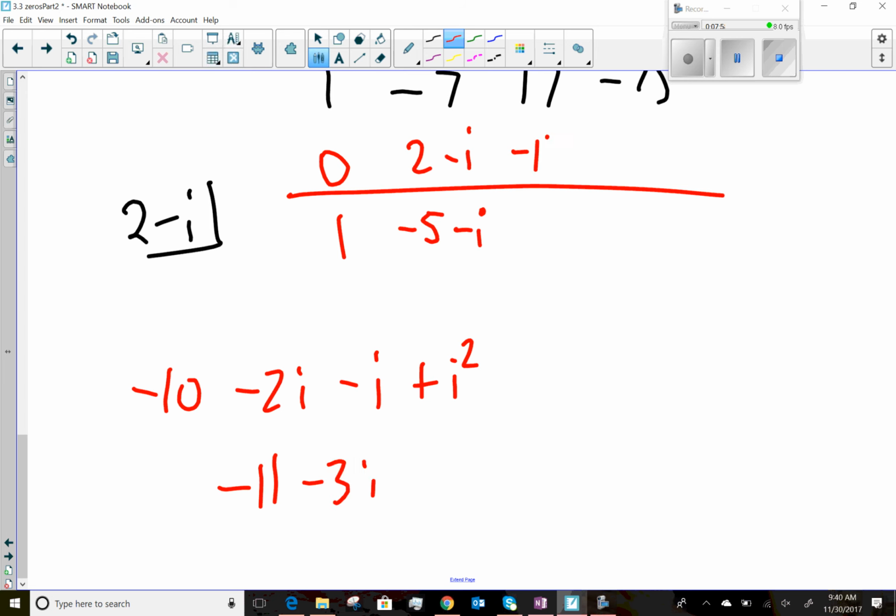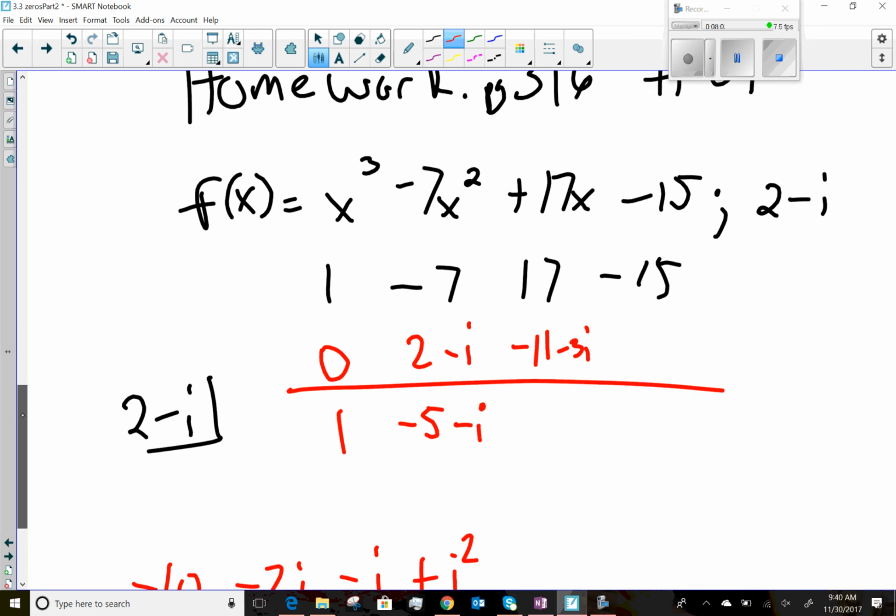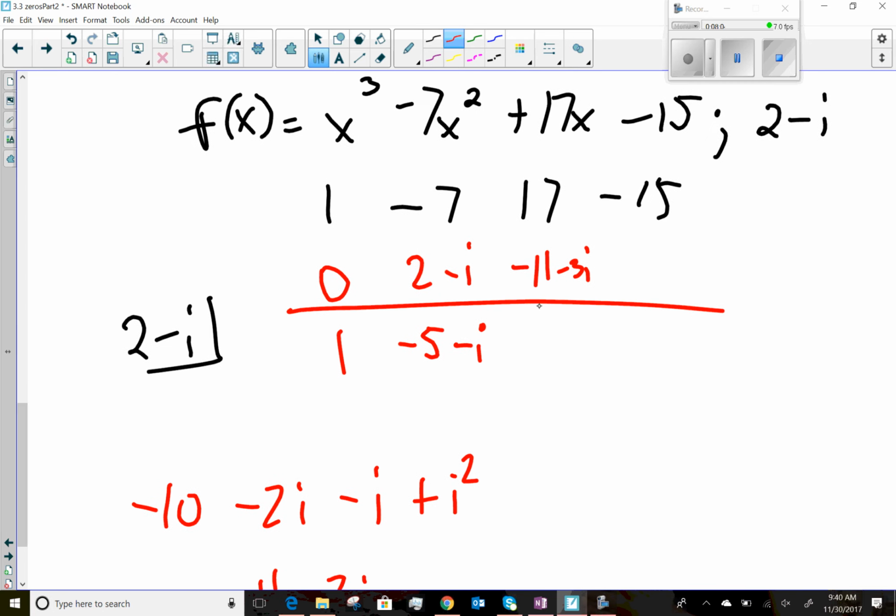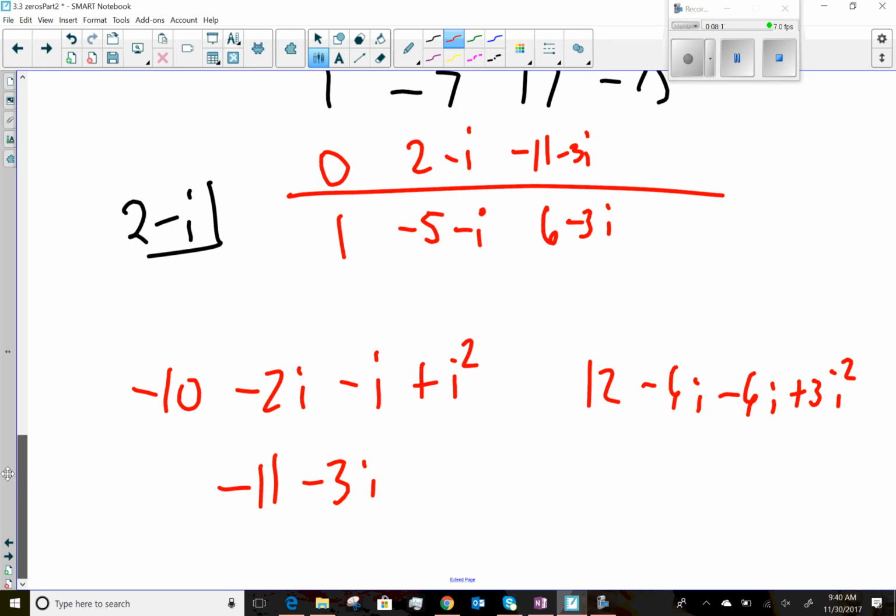So -11 minus 3i. 17 plus a -11 is 6. So we get 6 minus 3i. We're going to multiply those, so we get 12 minus 6i minus 6i, and then plus 3i squared, which just comes -3. -3 plus 12 is 9, and -6i is -12i.